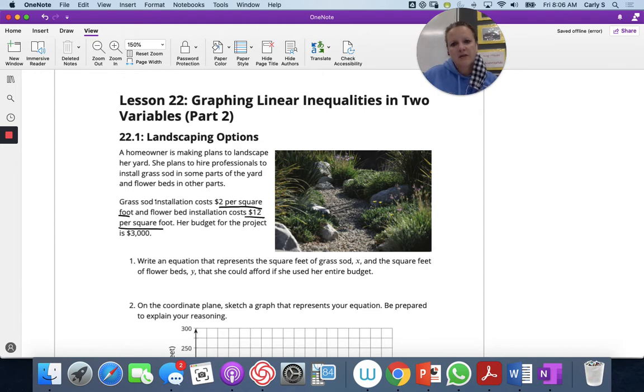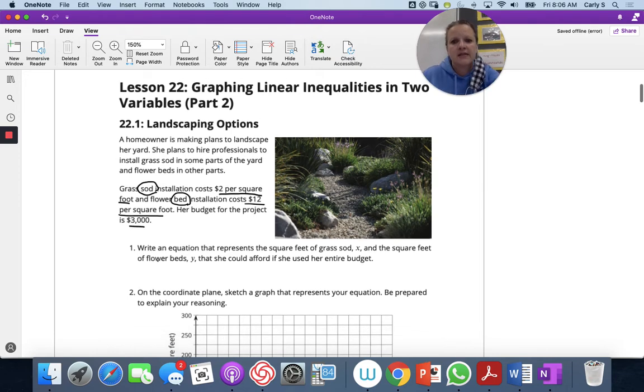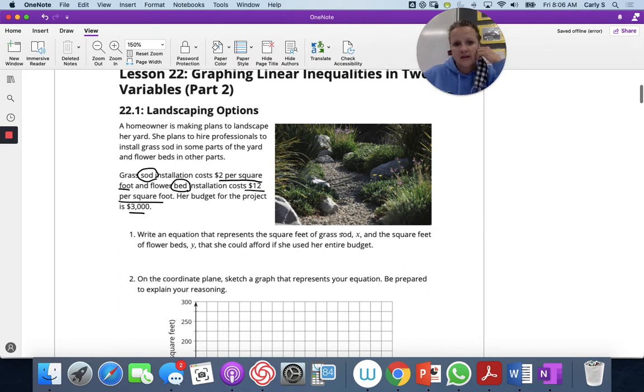So there's our two variables: sod and flower beds. Her budget for the project is $3,000. Write an equation that represents the square feet of grass sod X and the square feet of flower beds Y that she could afford if she used her entire budget.